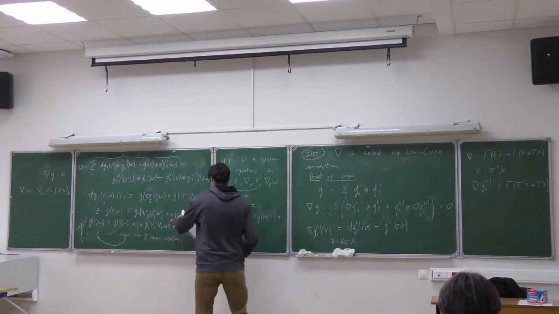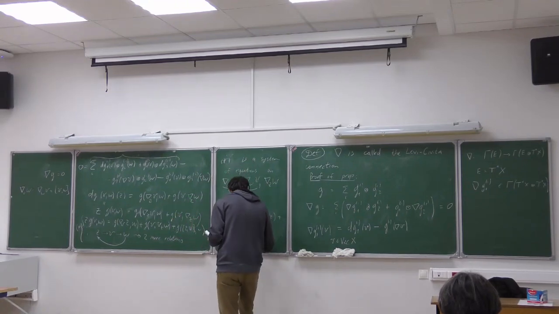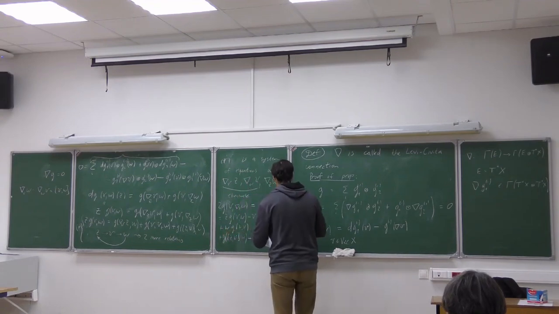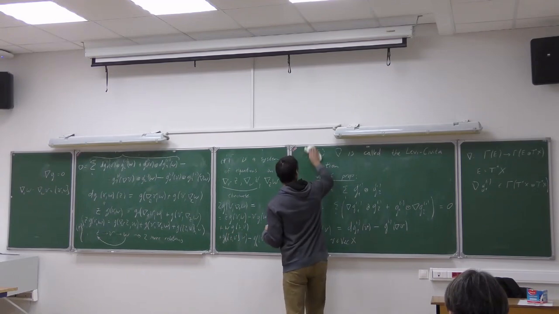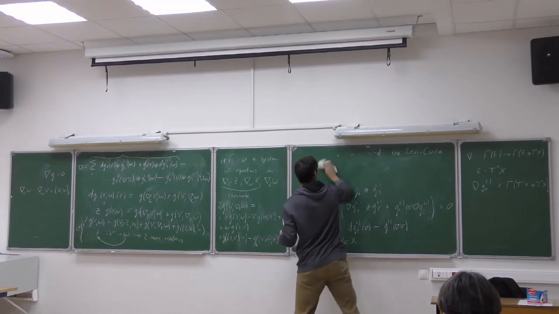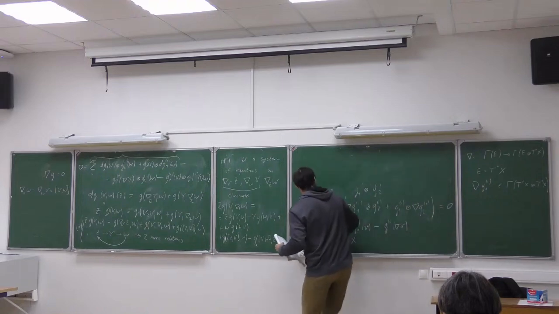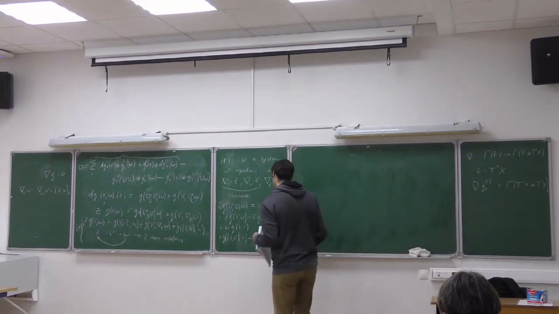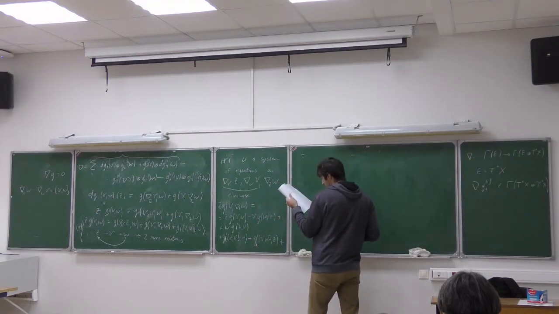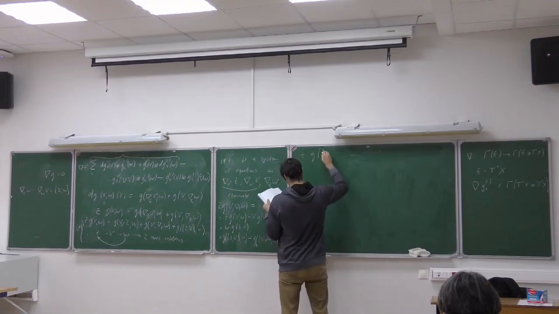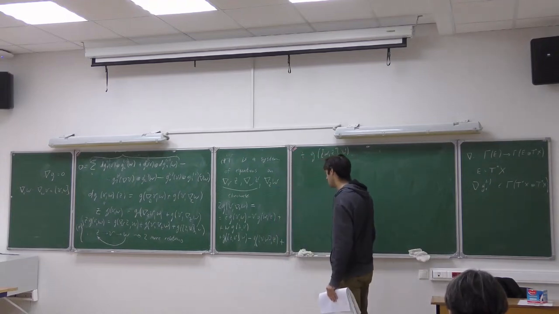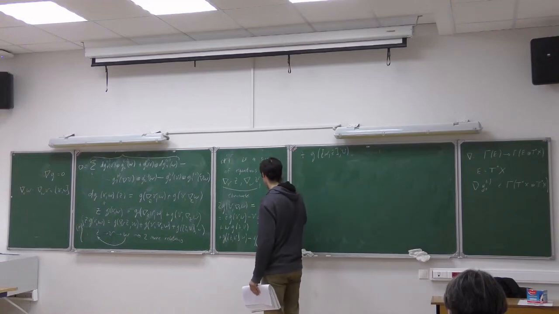So this comes from this one, minus g(v, w) z, and then plus g(w, z) v. So now we can call it, I don't know, double star.